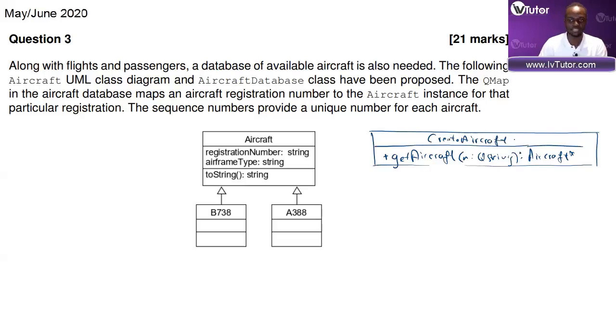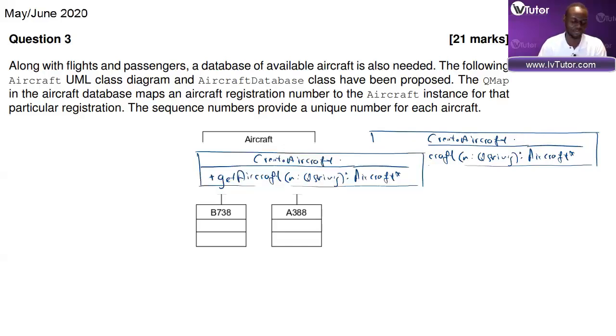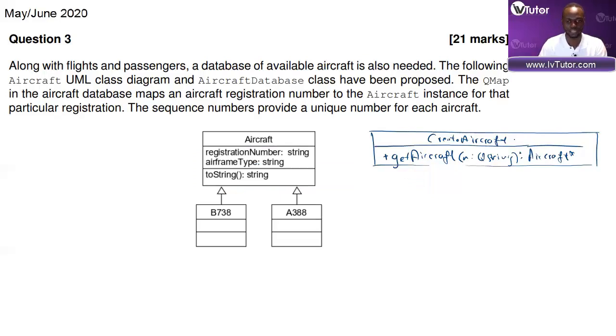And if this one here is the concrete one, it would be below. So let me make this one the abstract, right? Let's just go abstract, create aircraft. You have your inheritance here, then you've got your create aircraft sitting here.